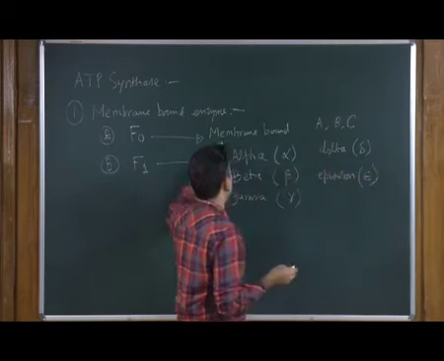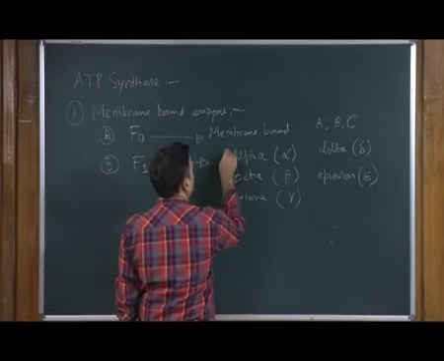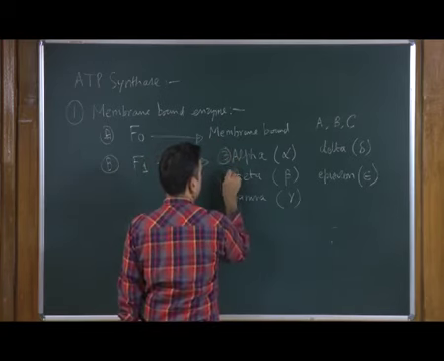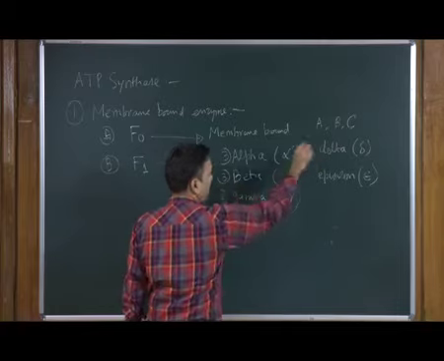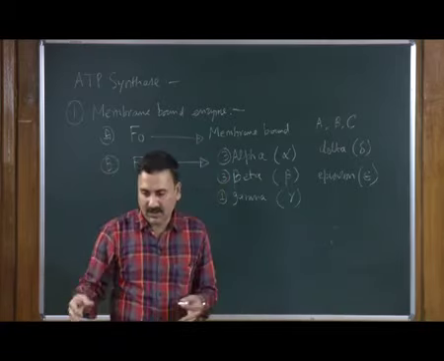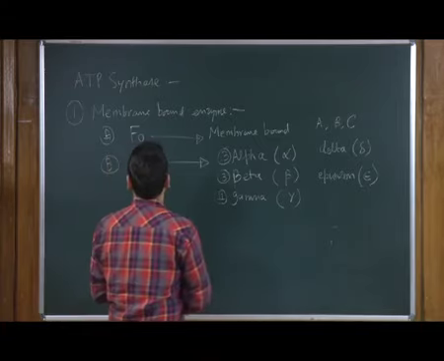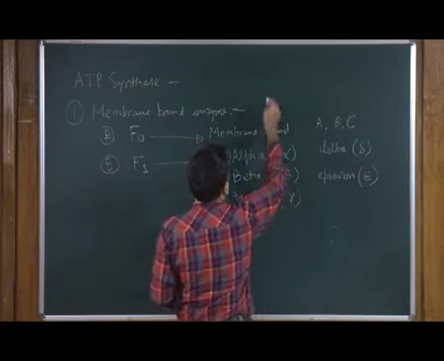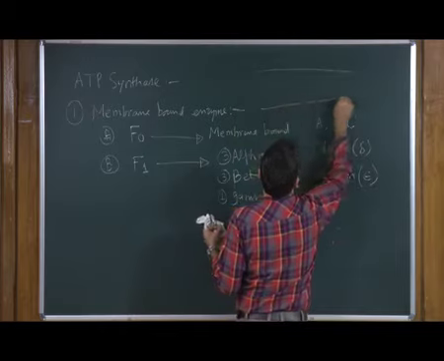Okay. So, there are 3 units of alpha, 3 units of beta, 1 unit of gamma and 1 unit of delta and epsilon. And if you see the arrangement of the ATP synthase, it is like this.